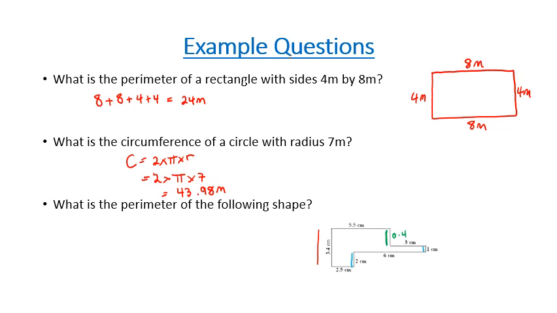However, now we've got all our measurements, we can simply add them up. Let's start with 3.4 centimeters. Oh, I better put my units in. It's all in centimeters, that's great.